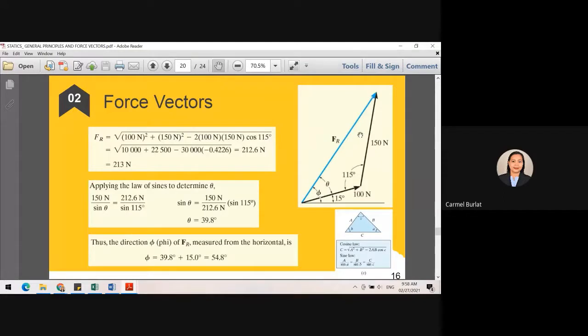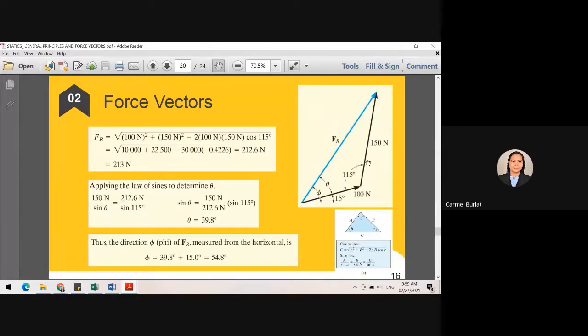So cosine law is equal to the square root of a squared plus b squared, di ba? So 100 squared plus b squared, kani, minus 2 times 100 times 150 cosine c.